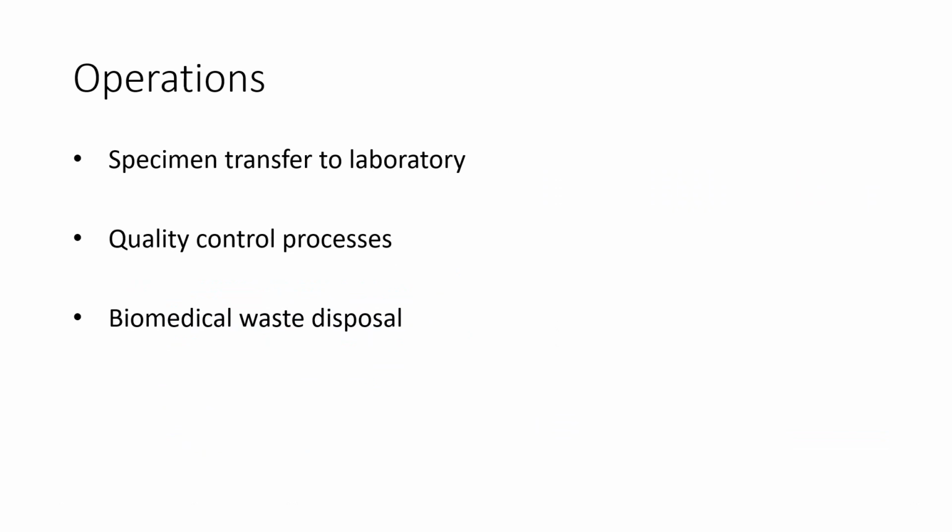Finally, your pharmacy needs to take into account operational considerations when deciding how to implement COVID-19 testing. First is identifying how specimens will be transferred to the laboratory. You'll need to consider if you will be performing specimen collection in partnership with the lab. Things you should ask yourself include: how will specimens get to the lab?